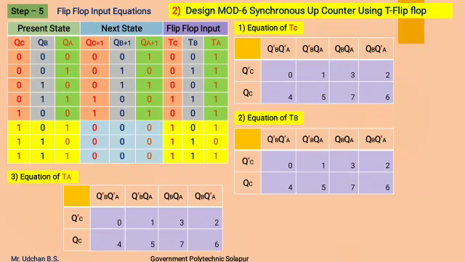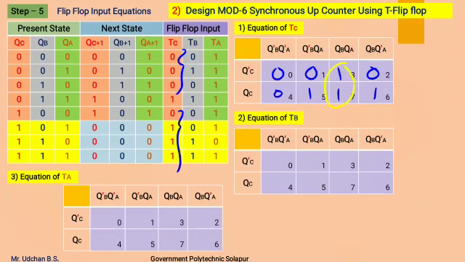So from this counter excitation table we can have the equations of TC, TB and TA. So here first we will find the equation of TC. For that we have to make entries of TC, that is 0 0 0 1 0 0 0 1. After that TC is 0 1 1 0 1 1 1. Here we can have 3 pairs.